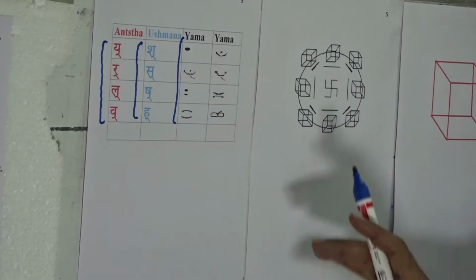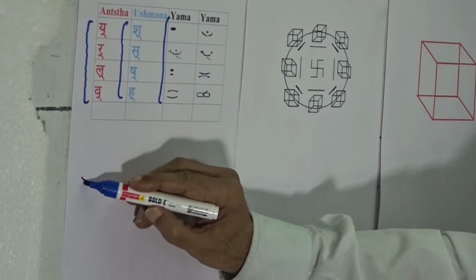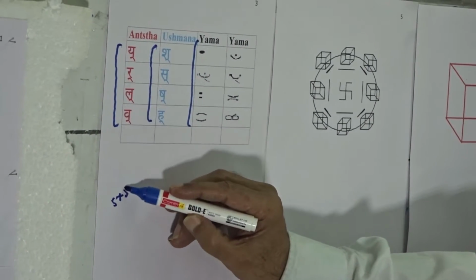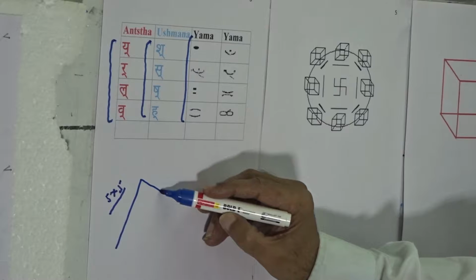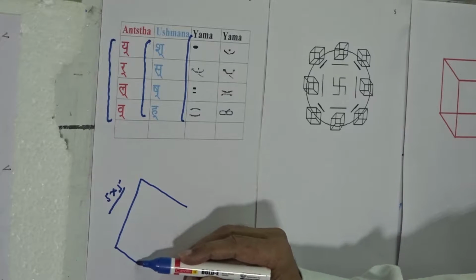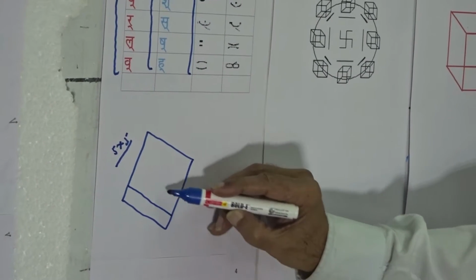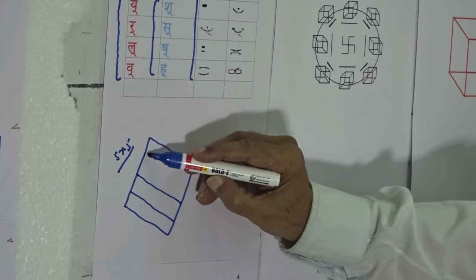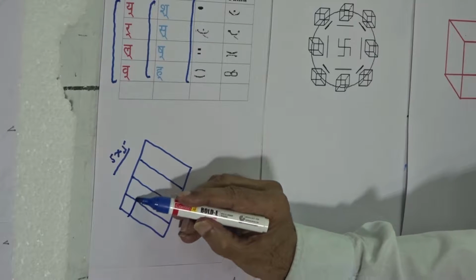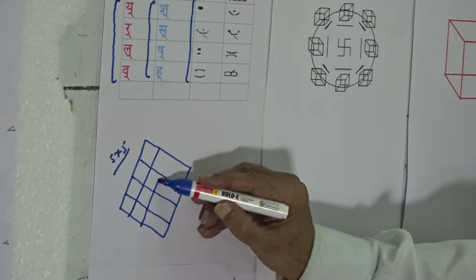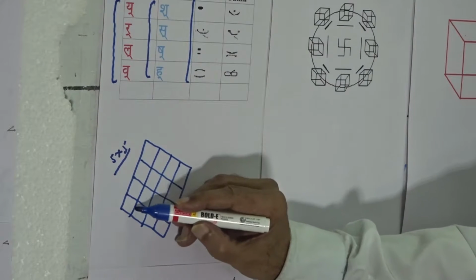This coordination of these 16 letters is, as we have seen, that 5 cross 5 grid of 25 Varga consonants as such leads us to 16 grid zones. These 16 grid zones as such are making a format for these 16 letters Anthastha, Ushmana and Yama letters. These 16 grid zones are having their centers.